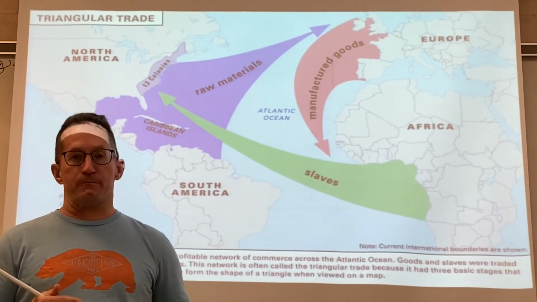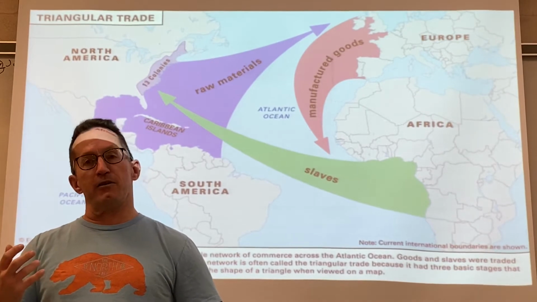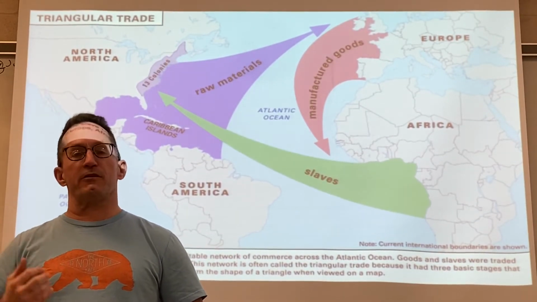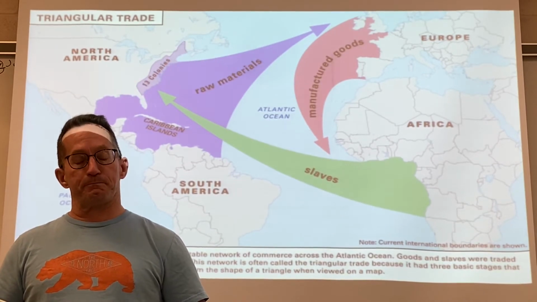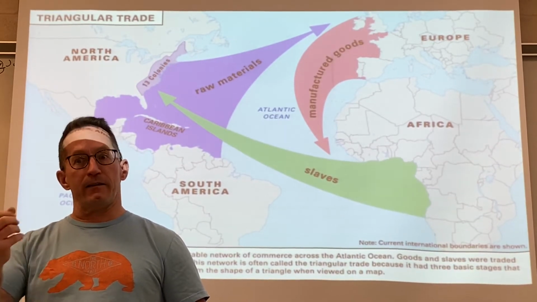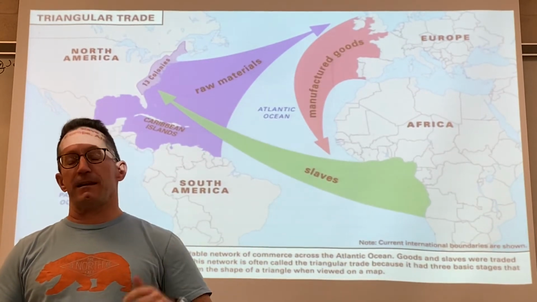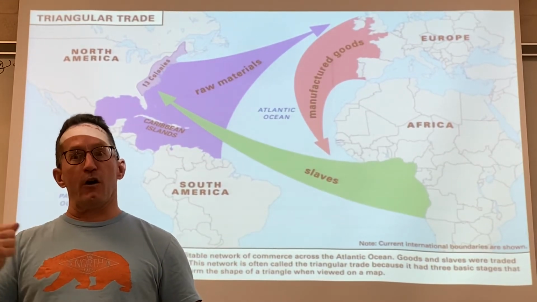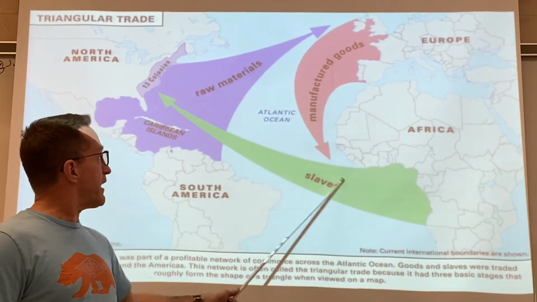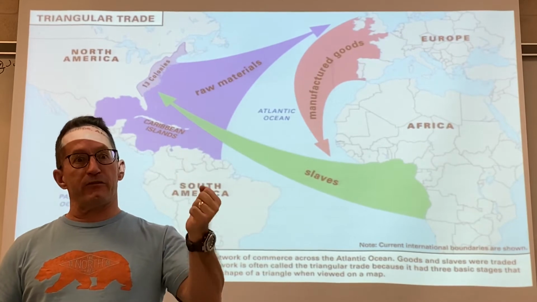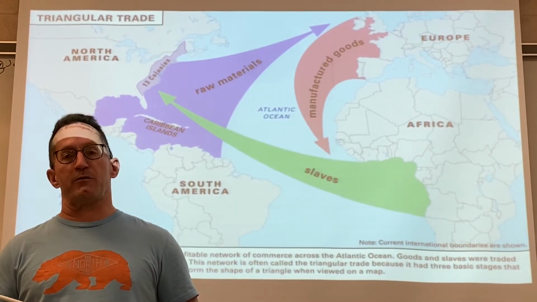Slaves would be bought. What's a slave? Human being like you and me. Typically kidnapped, captured, prisoners of war, captured by these slaver groups, brought to the coasts, held basically in concentration camps, sold, put on ships, and the ships would be brought to South, Central, or North America to be sold as property.